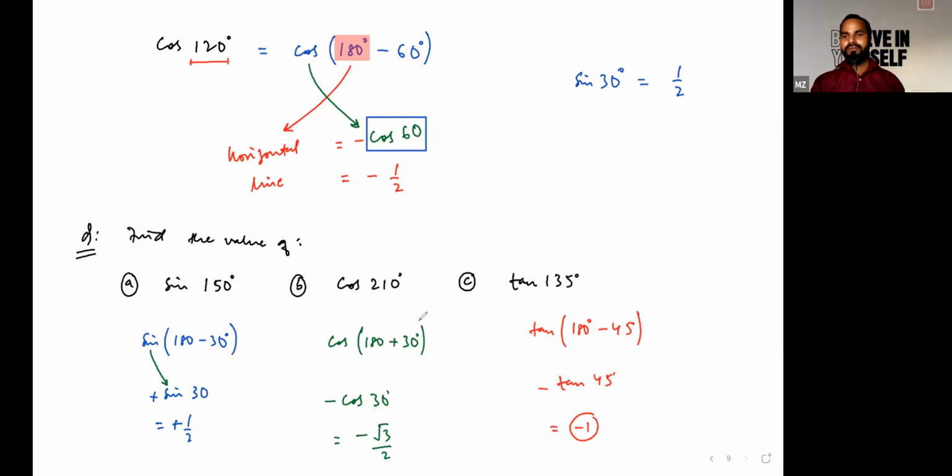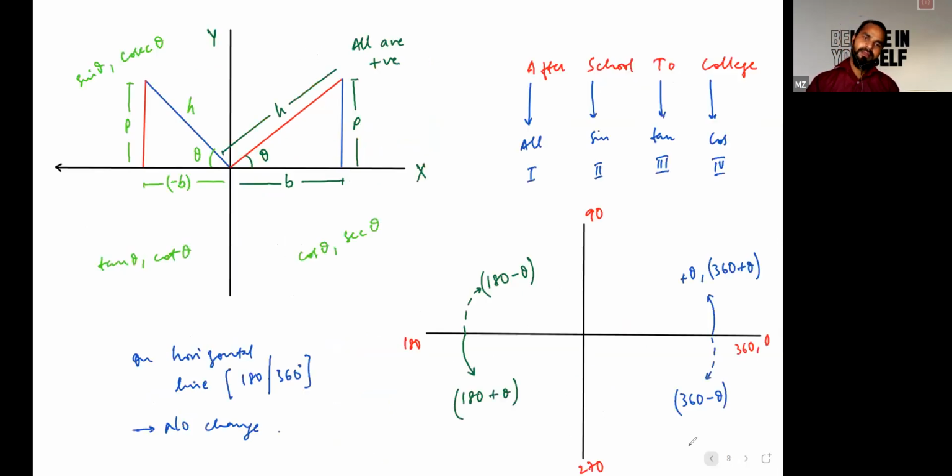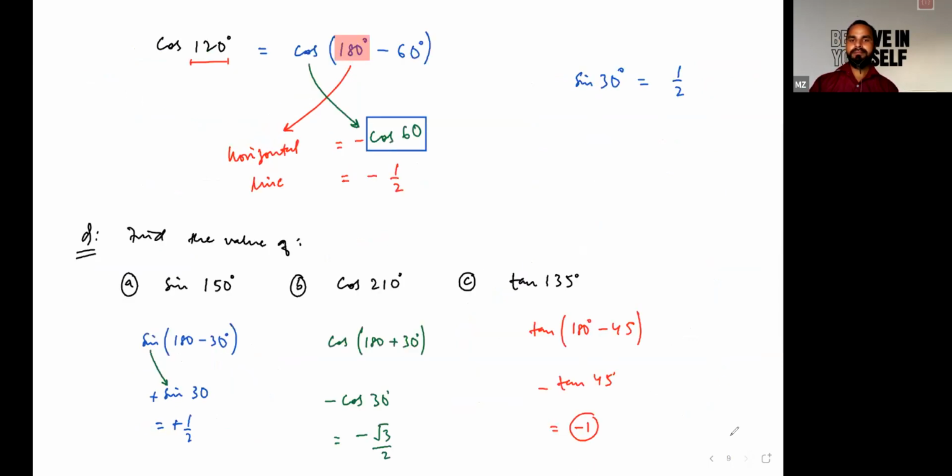Rishan, why have you written in terms of 150 degree? According to the rule, you have to break that particular angle with respect to 180 degree or with respect to 360 degree only. Only these two values will define your horizontal line. Okay, just see.